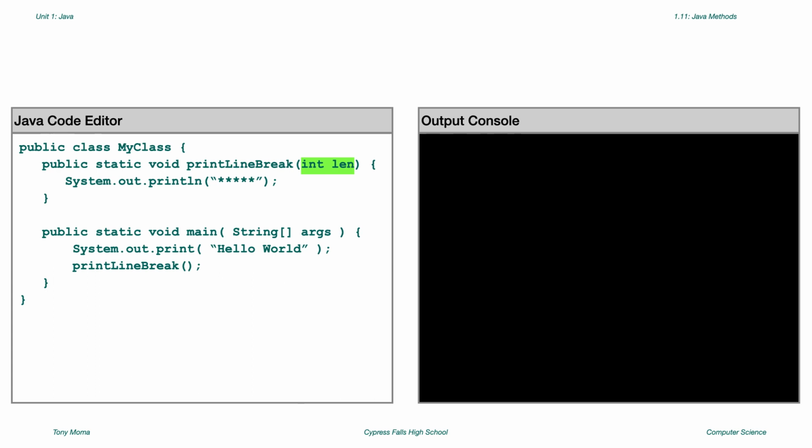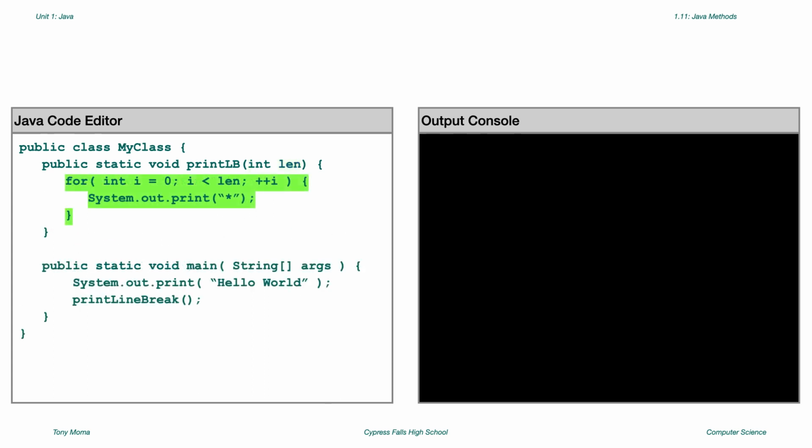So inside parentheses, I write the word int followed by len, L-E-N, which is short for the word length. Then, just to save some space, I'm going to change the name of the method to printlb. Okay, just to save space, no other reason. Then inside the body of the method, I'm going to use the parameter to print out the number of characters I want.